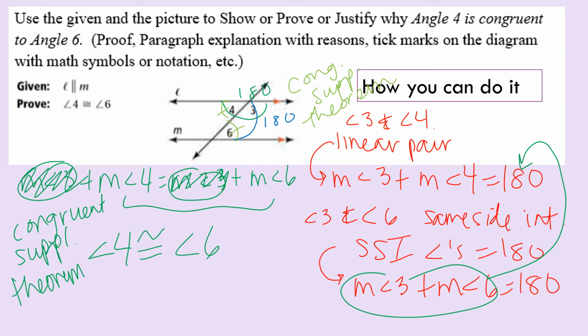There are multiple ways to get to your answer, but it has to be legit. So you can't just draw on the picture and say, that's it, I'm done. You have to have some reasoning behind it. You could also put it in a paragraph if you'd like to. It does not matter how you do it. You can do a proof, you can draw on the picture, you can put some explanations down, all that kind of stuff.